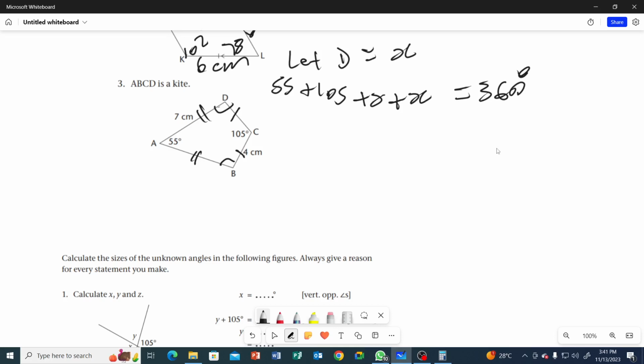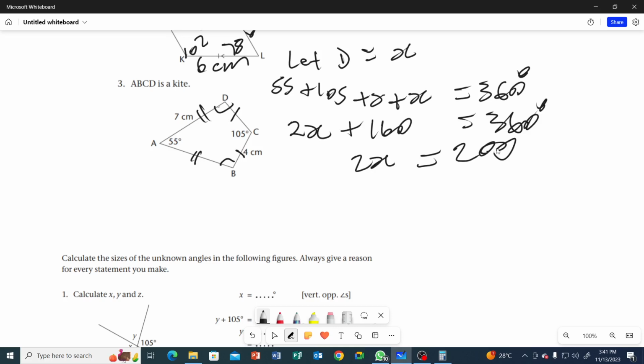Are you following? Okay. Now, since you are following, let us wait for it to write first. Now, if we divide by 2, X will be 100 degrees.